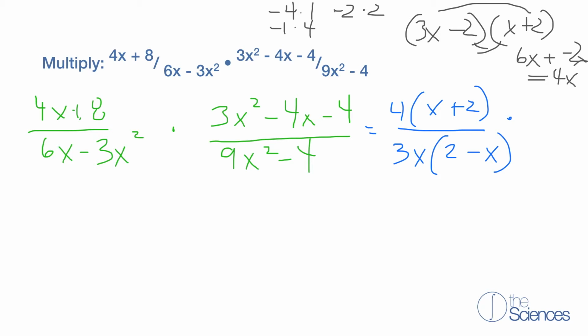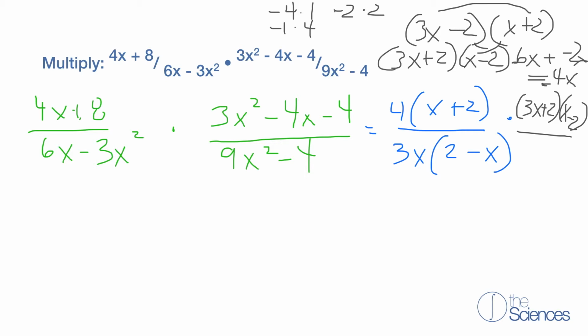So we're going to reverse it and write 3x plus 2 times x minus 2. So now we have negative 6x plus 2x. So that's negative 4x. So this is our multiples. So it's going to be 3x plus 2 times x minus 2.